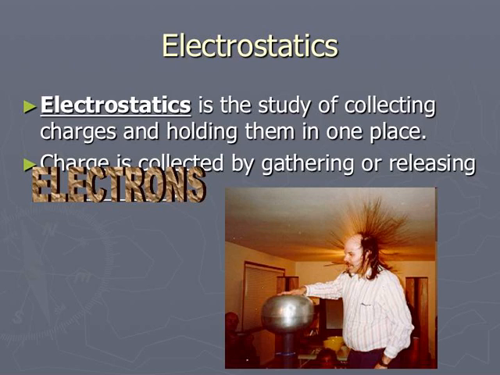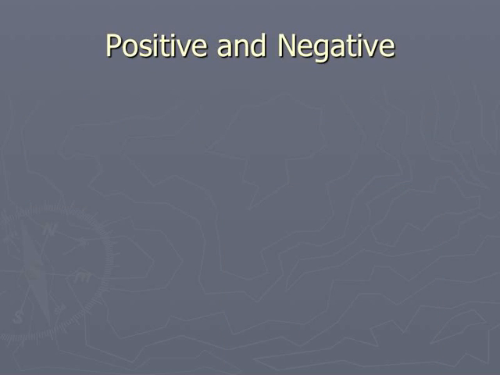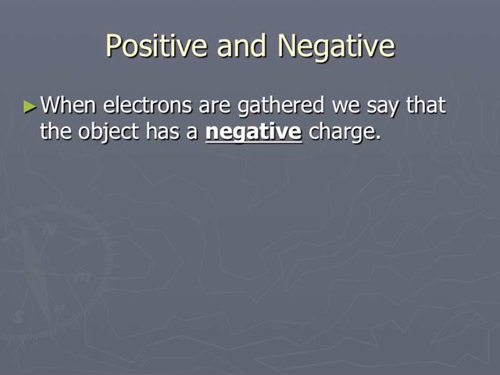Don't touch the hair. Okay, so anytime we're talking about charge, there are two words that we typically use: positive and negative. When we're talking about negative charge, we're talking about gathering electrons, because an electron has a negative charge.